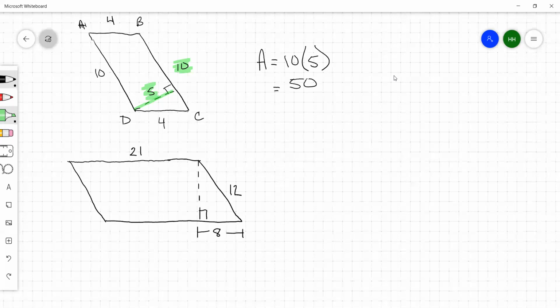All right, so look what's going on here. What's this whole bottom side? Well, look. This whole top's 21, so the whole bottom is 21. And doesn't this represent the height?